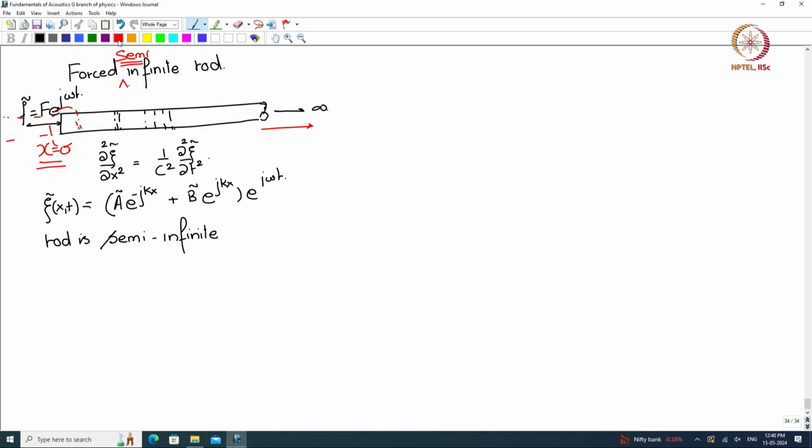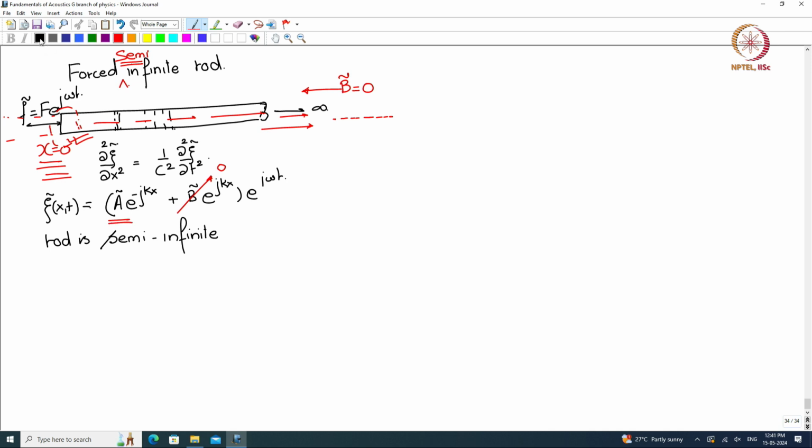And so if we initiate a disturbance over here, it starts to move and it continues forever. There is no point where there is an end or a discontinuity for a returning wave. So this B, which is a left travelling wave, is 0 because there is no source towards the right. The source is at x equal to 0, there is no other source, and therefore there cannot be a returning wave, okay. So B tilde goes to 0, so only A tilde survives.